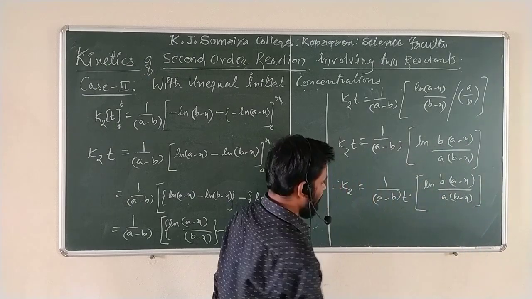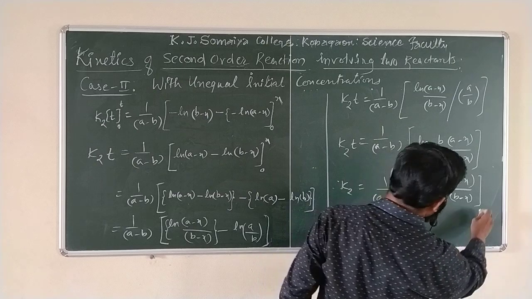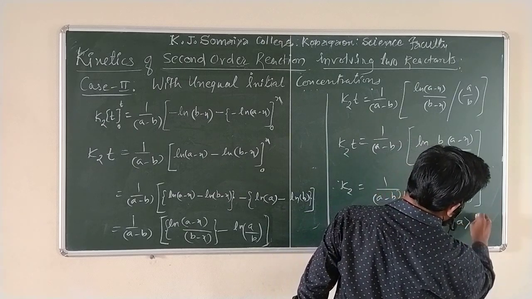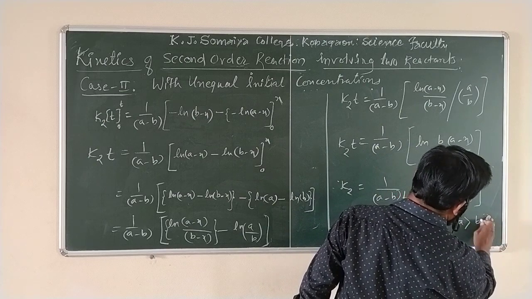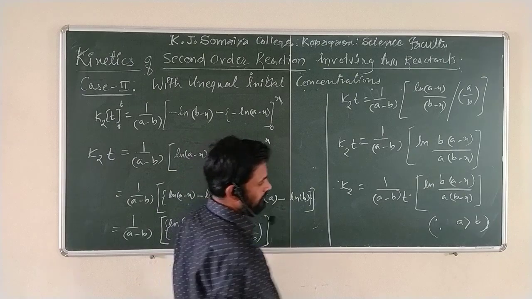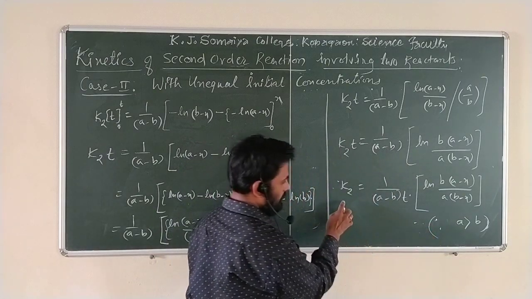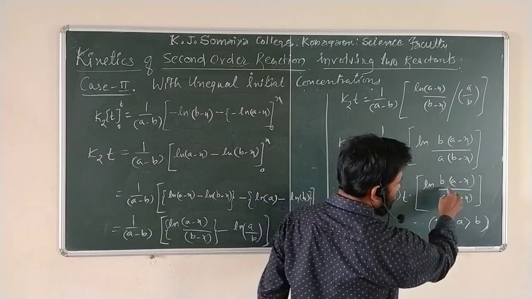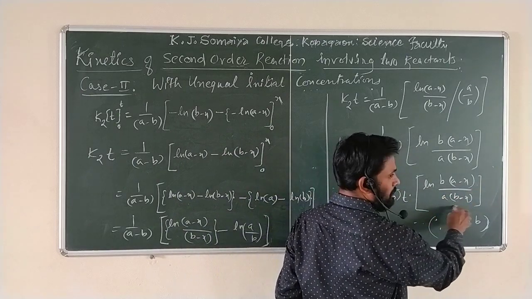What is the condition? Here we have to consider that the concentration of A is always greater than B. This equation we have to consider: k2 equals 1 upon (a - b) into t, ln b into (a - x) upon a into (b - x).